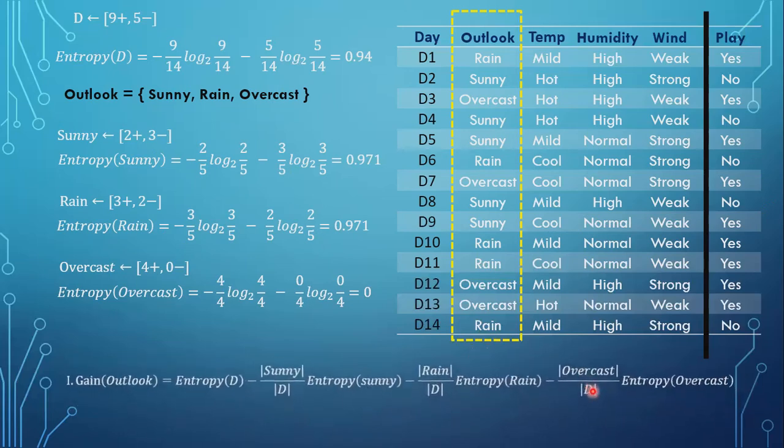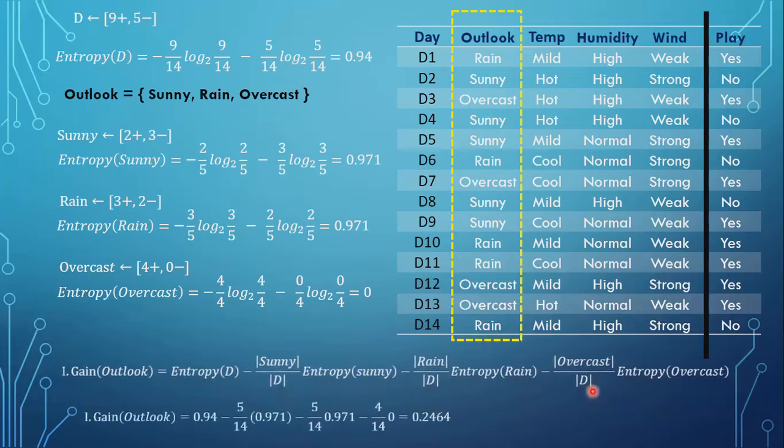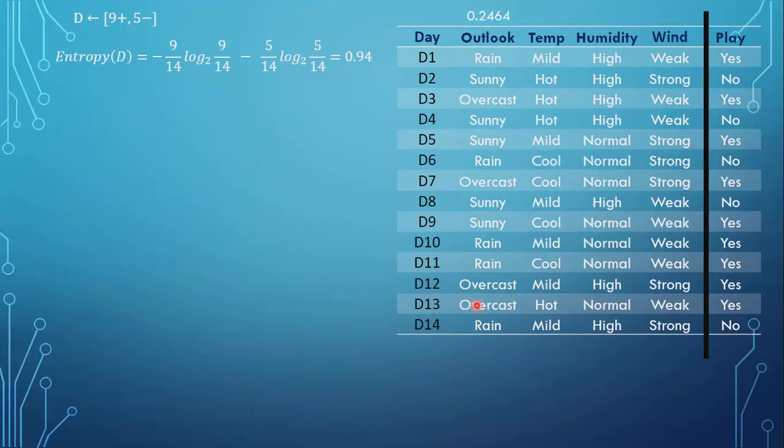Okay. So substituting the values, we will get the information gain of 0.2464. So we will write it here, 0.2464.